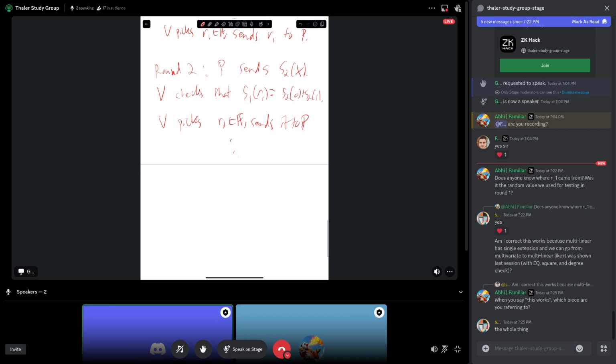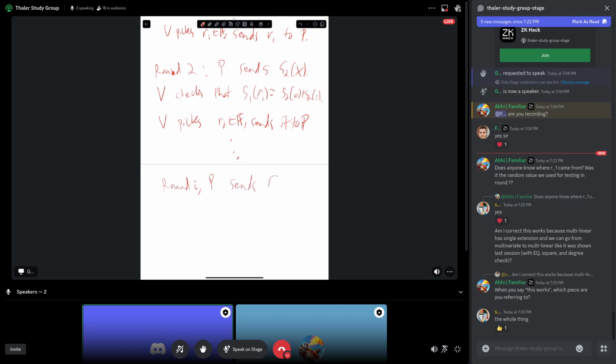And in general, in round i, the prover sends S_i of X. The verifier checks S_{i-1} of r_{i-1} equals S_i of 0 plus S_i of 1. The verifier picks r_i at random, sends it to the prover, and that's the end of the round.